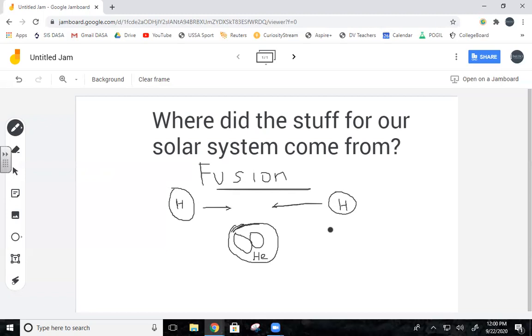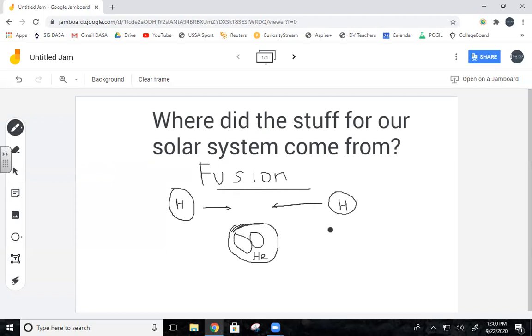Only stars have enough energy, enough mass to crush atoms so tight together that they actually fuse together. We as humans have figured out a way to do this, and we call it thermonuclear weapons.